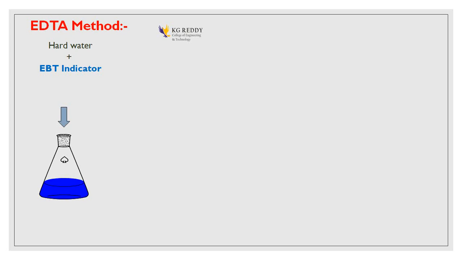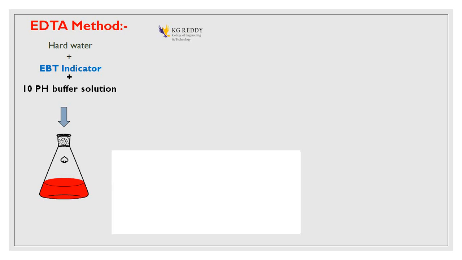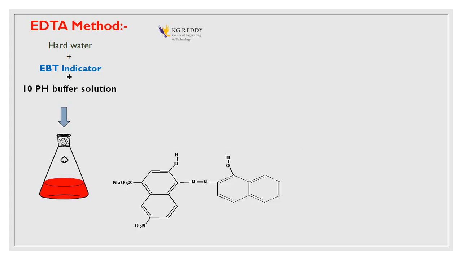In the EDTA method, a similar procedure is used. If you take hard water, that means tap water, you take 20 ml of tap water into a 250 ml conical flask, then add EBT indicator. You know the full form of EBT? Eriochrome black T. Then add 5 ml of buffer solution.